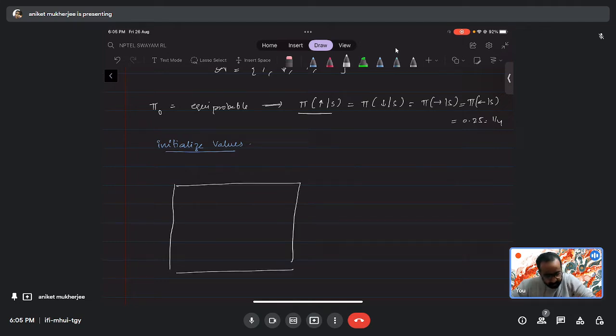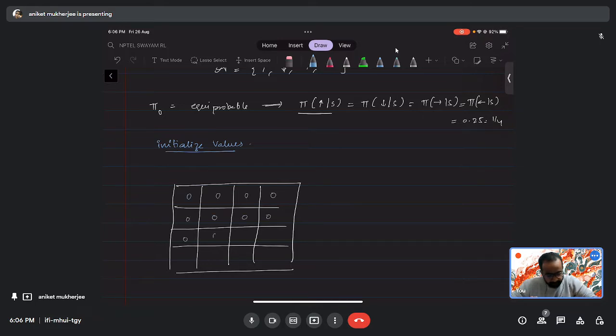On this side I'll draw the values, and on the right side I'll do the policy. But policy doesn't matter, so let's go slow. I know this will be a little confusing. While I'm initializing, I'm initializing everything with 0. Is that fine?